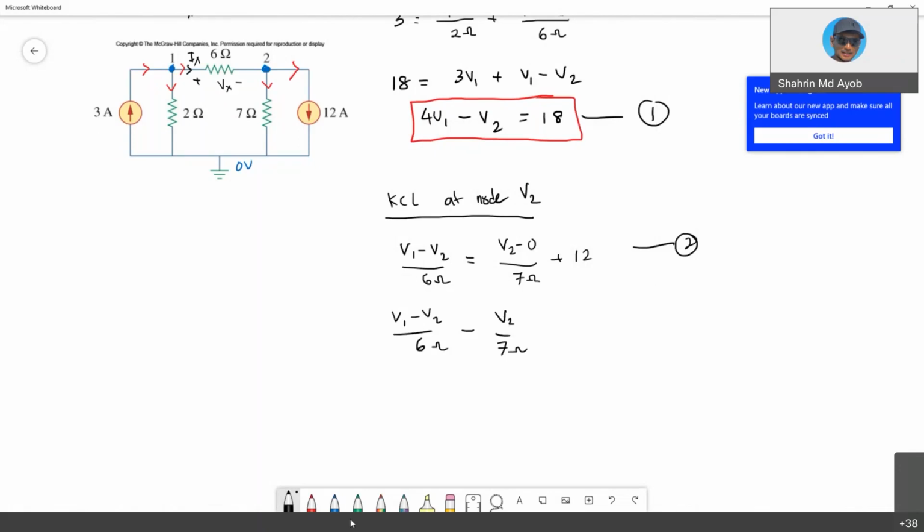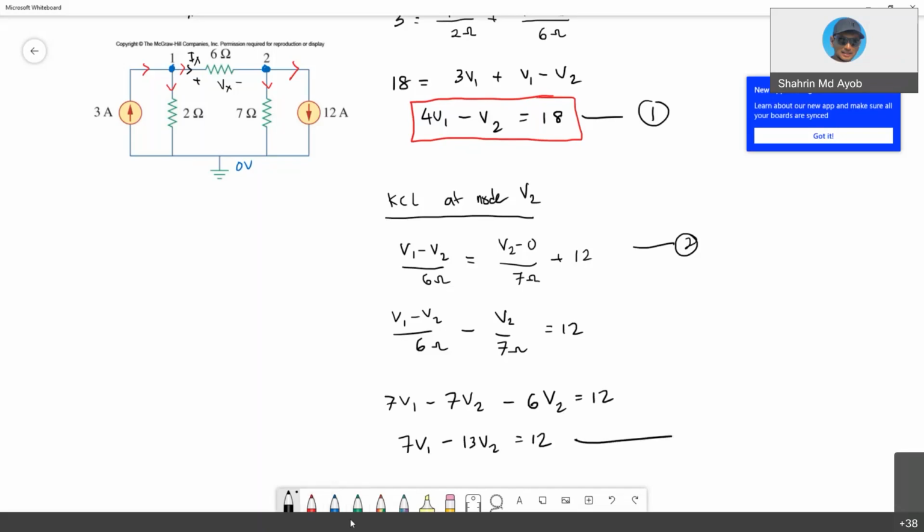I just write down V2, because it is 0, so we can ignore this. So minus V2 equals to 12. So this one, just cross multiply. So this one is 7V1 minus 7V2 minus 6V2 equals to 12. So this one should be 7V1 minus 13V2 equal to 12.